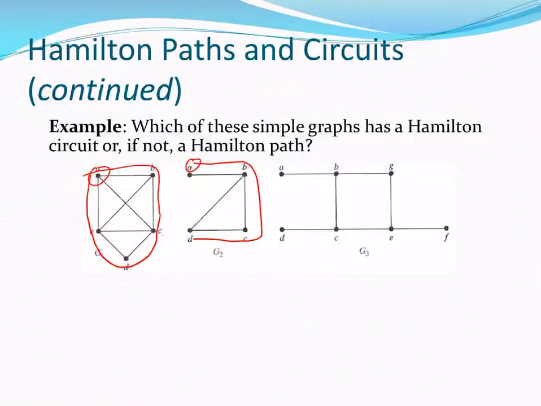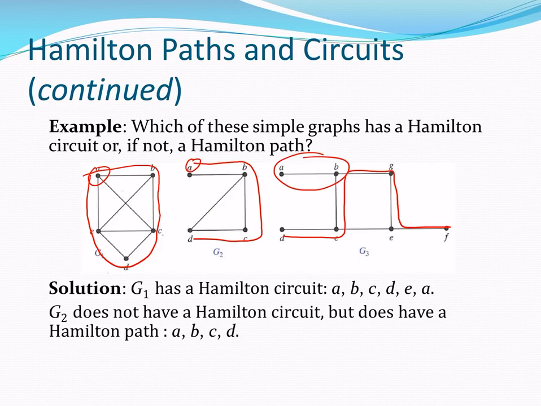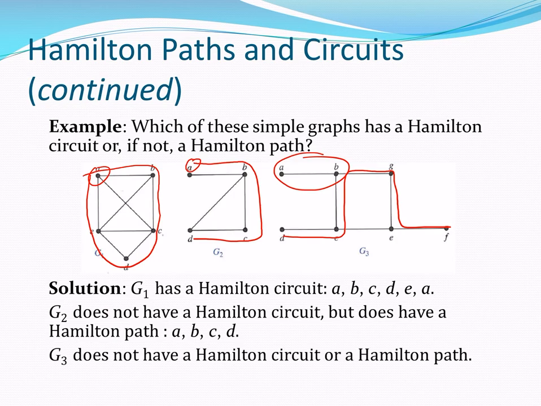Well, G3 won't be able to make a circuit nor a path. We can make a path like this, but anything that has 3 leaves could not possibly have a Hamilton path. So there are solutions to a Hamilton circuit and Hamilton path for G1 and G2.